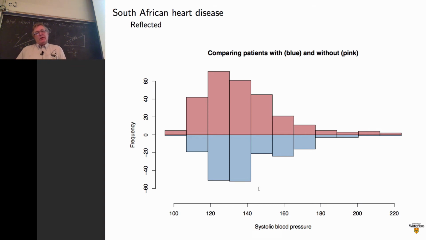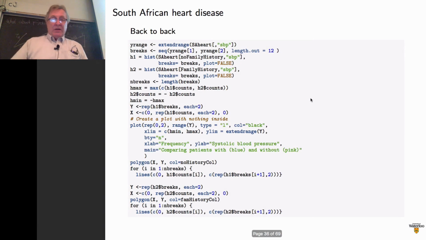If we're thinking about that, this has almost become a shape. The shape is bulging somewhere around the middle here, and then it tails off on either side. The blue one is a little smaller than the pink one. And I could orient that in any way if I'm thinking of it as a complete shape. So, for example, I could put these back to back.